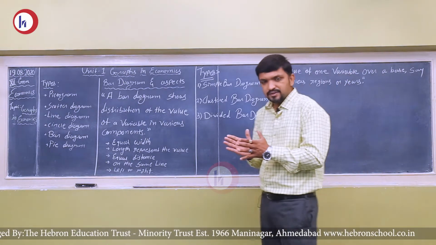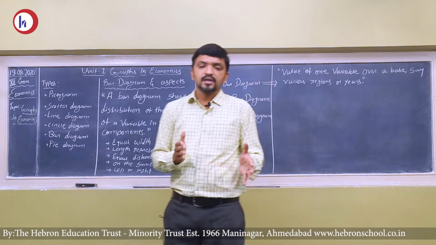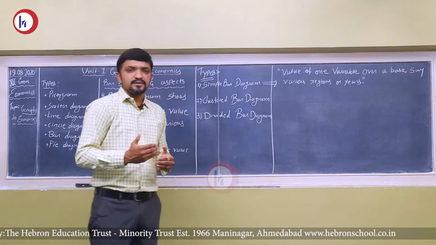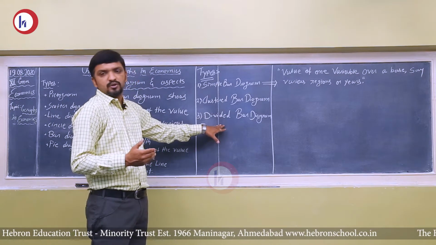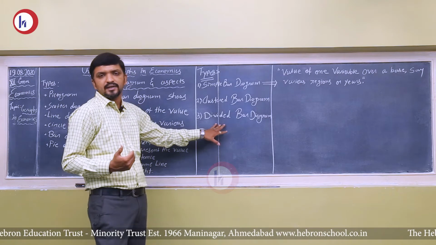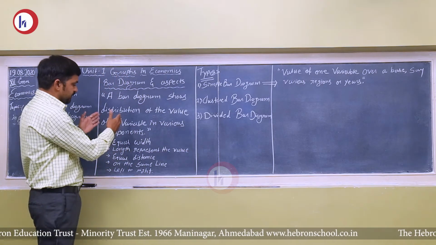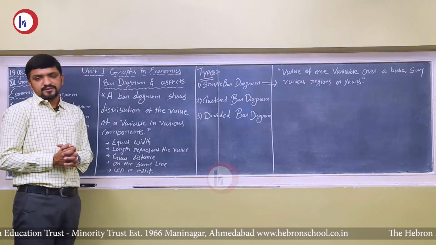So the aspects we are going to study beforehand. That means before we move towards the presentation of information with different types of bar diagram, first of all we'll undertake the study of its aspects.